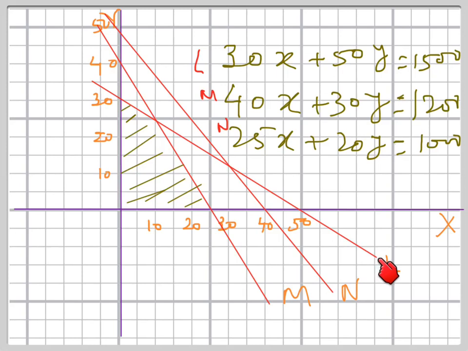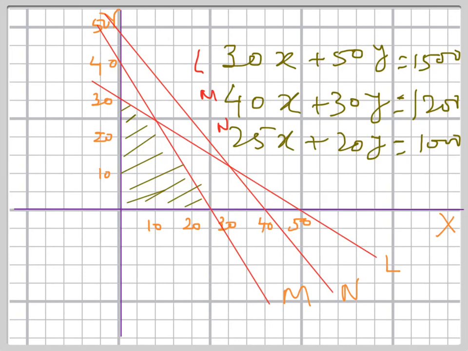So to find out which side will be giving us less than 1500, one simple approach is that you take the origin, which is 0 0, and since 30 into 0 plus 50 into 0 gives you 0, which is less than 1500, all the points lying on this side of the line, the side in which origin is there, they will be giving you 30x plus 50y less than 1500.